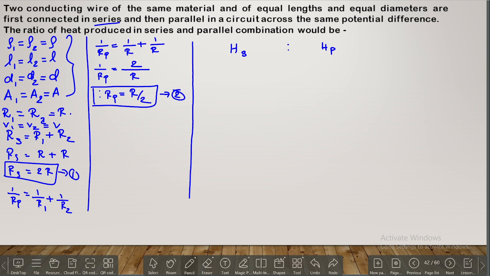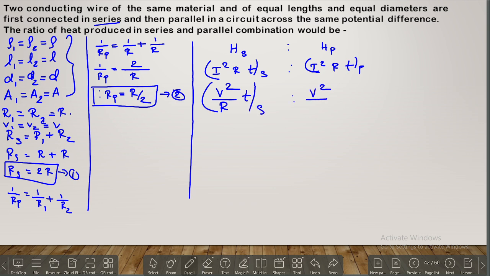So what formula can we use? I square R into T. This is for series, and I square R into T for parallel. But they didn't give any data related to current, so you can rearrange the formula as V square by R into T for series, and V square by R into T for parallel.